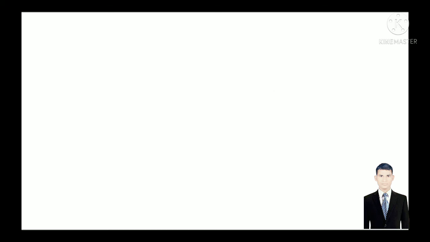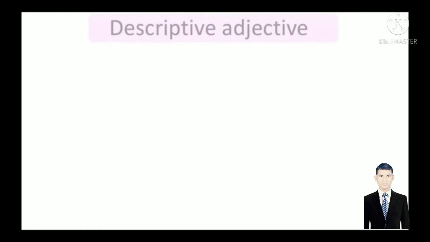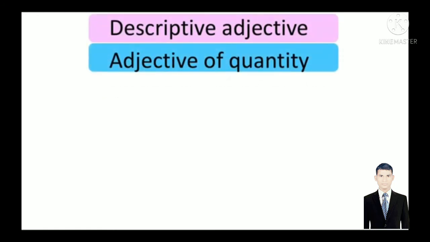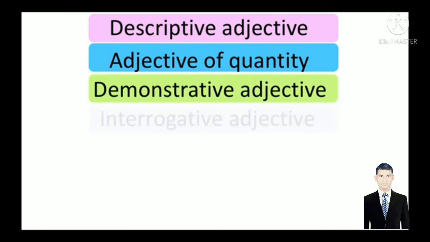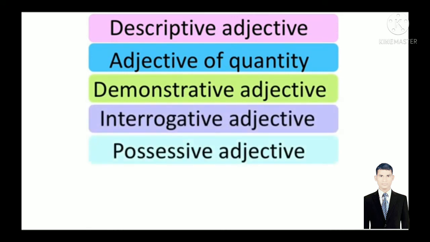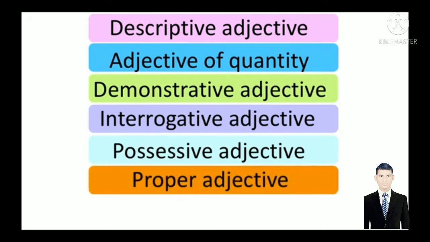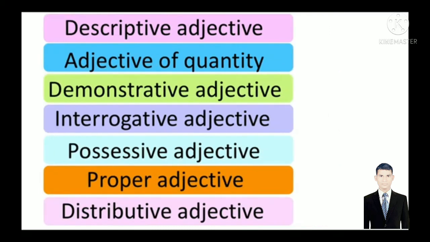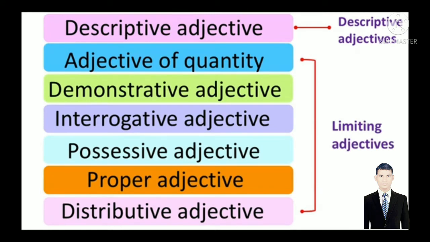There are 7 types of adjectives. Descriptive adjective, adjective of quantity, demonstrative adjective, interrogative adjective, possessive adjective, proper adjective, distributive adjective. So we can split this into descriptive adjectives and limiting adjectives.